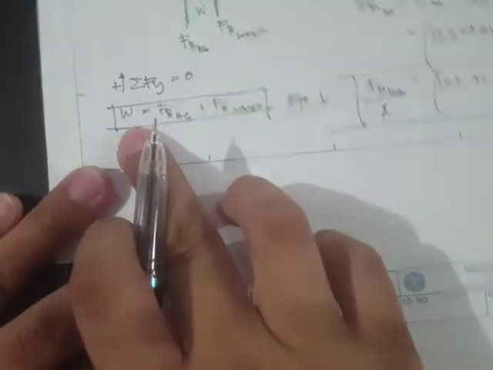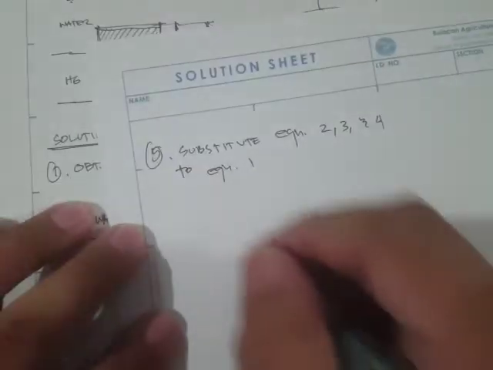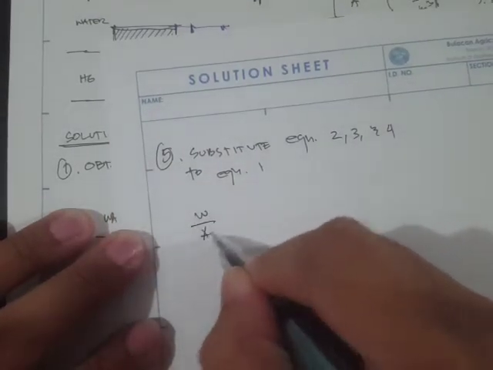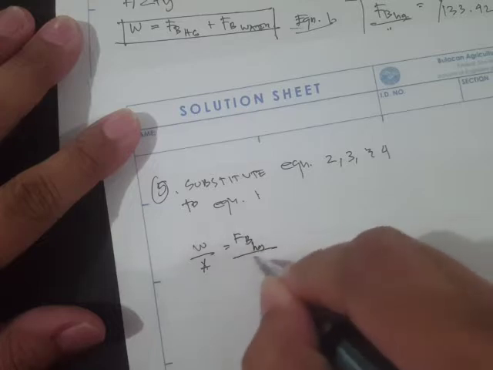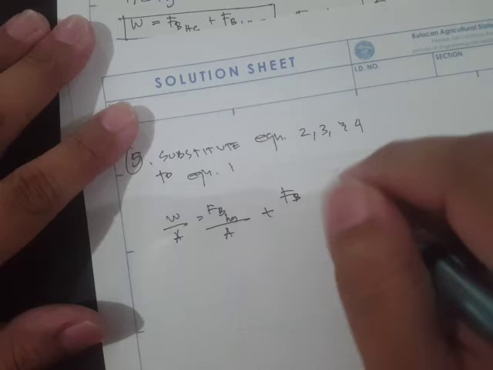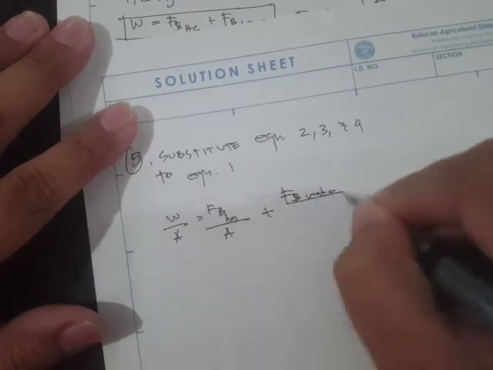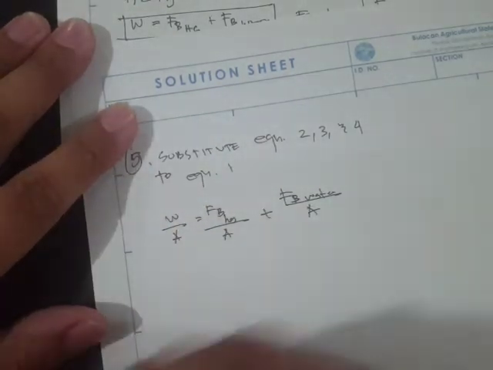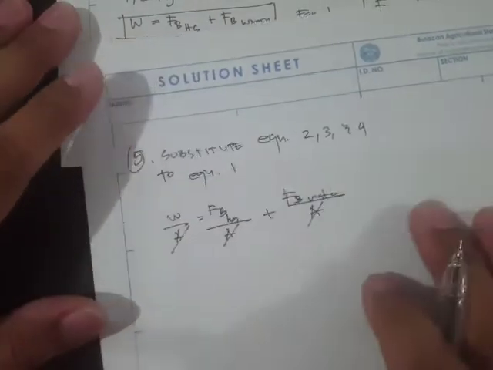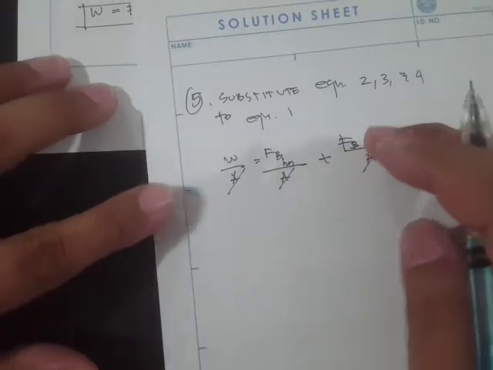Okay, so the weight, that's actually weight per unit area. So weight per unit area is equal to FB Hg per unit area plus FB, the buoyant force induced by the water per unit area. And since we have the area in the denominator, it just cancels out.